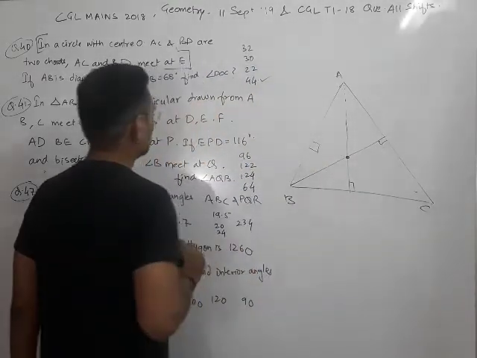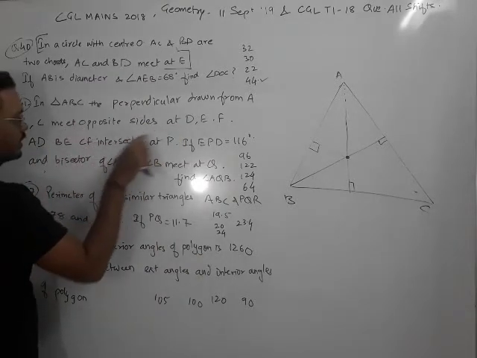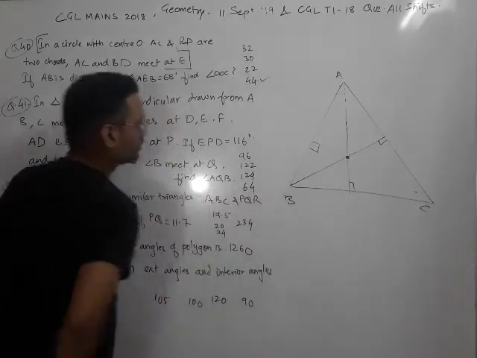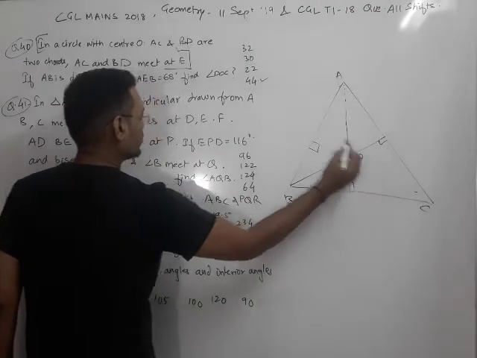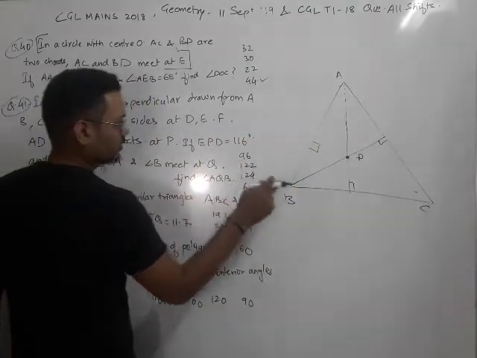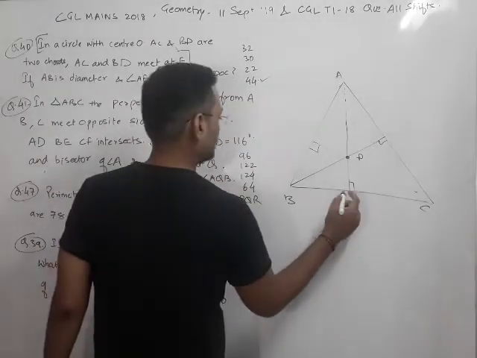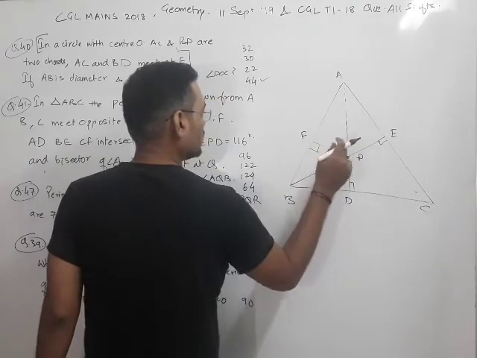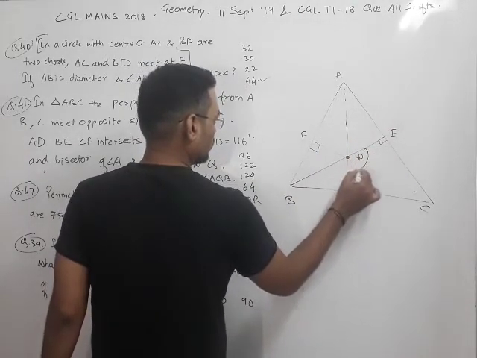Now since you have read till here, it means it is asking about the intersection of all the altitudes. They intersect at P. This is P. If angle EPD is 116, now what is angle C? EPD is 116.